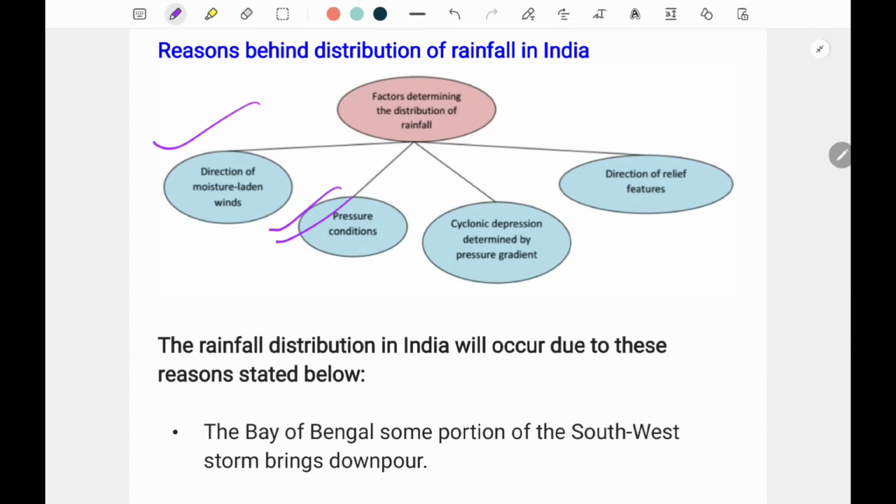Third is the cyclonic depression, determined by the pressure gradient, how much difference there is in the pressure. And direction of relief features, again mountains, the Thar desert, Aravallis, forest, all these distributions. So these are the factors determining the rainfall distribution in India.